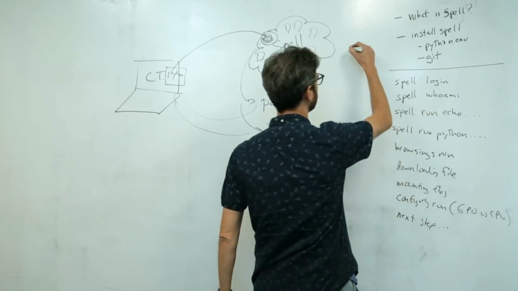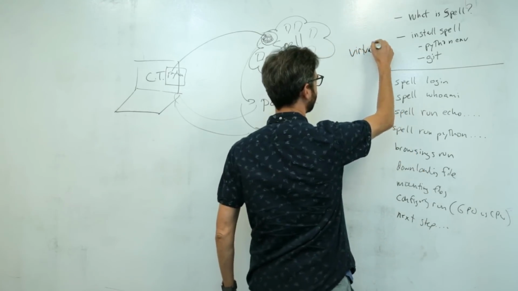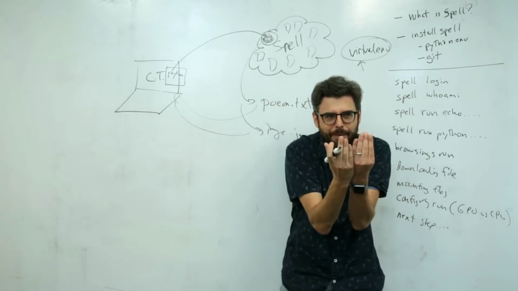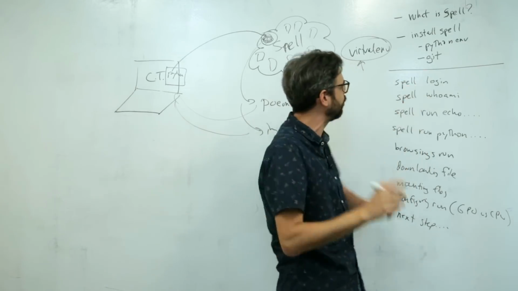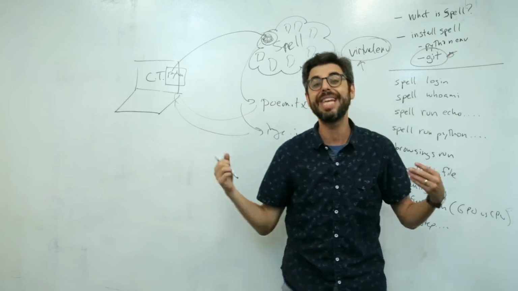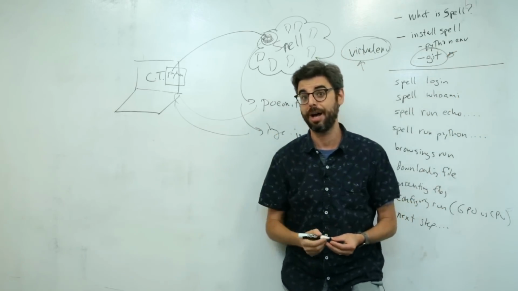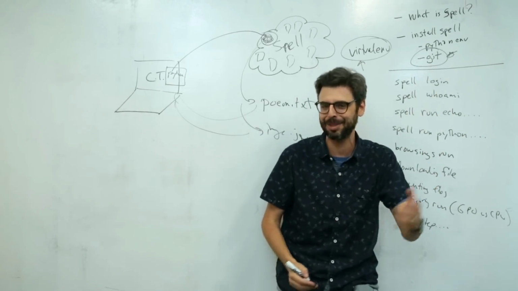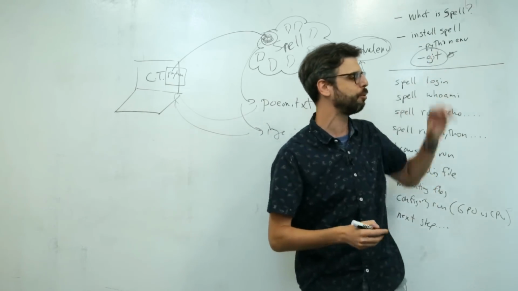I'm using a particular tool in this video called virtualenv, virtual environment, that lets me create a Python environment that I can turn on and turn off. It's useful. You're also going to need to know something about how Git works in order to work with Spell. I have a video tutorial series about Git and GitHub as well, which I will link to, but those are prerequisites.